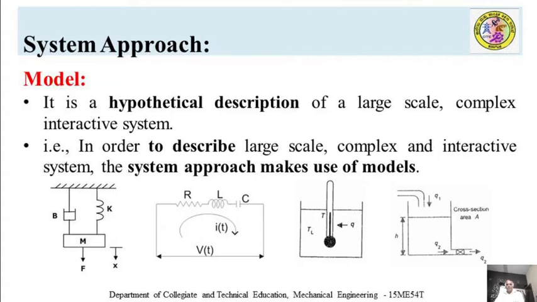So we have different models of describing different systems. So we can define mechanical system by using spring dashpot mass system. We can describe electrical system by using resistor, capacitor, inductor system, and so on.